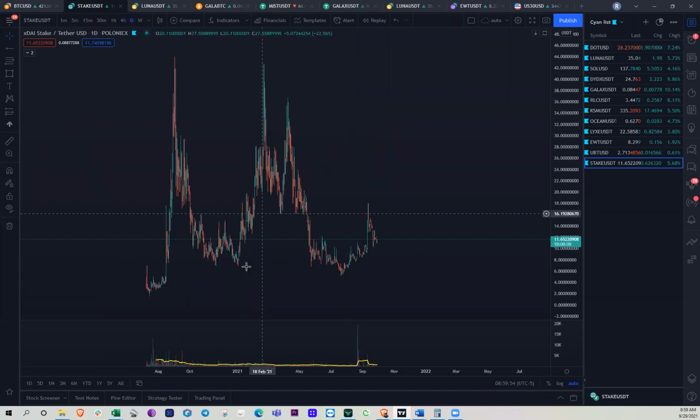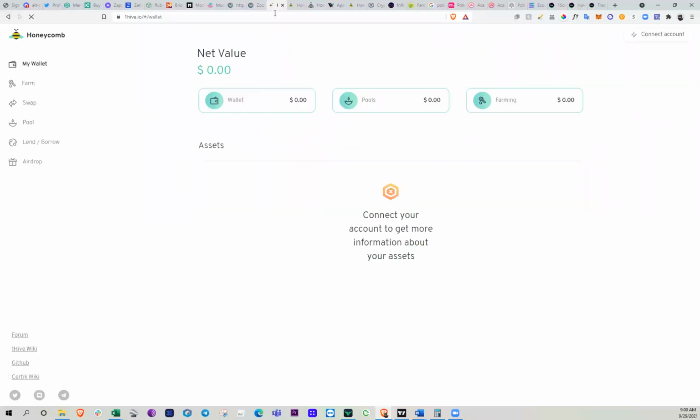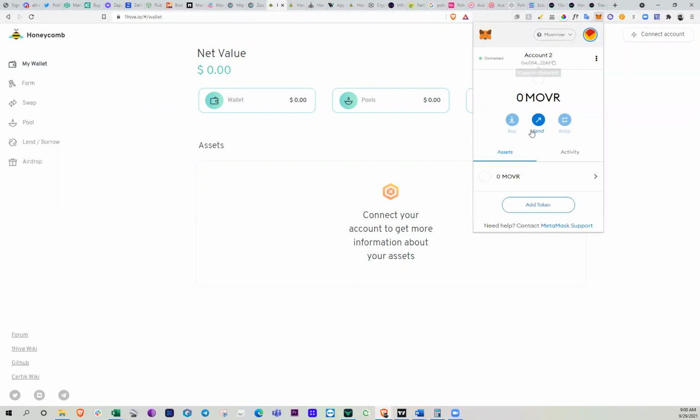Sorry, this is on Poloniex, so they don't have much data on it. But speaking of XDAI, let's jump into that aspect right now. Not many of you guys were with me from the beginning, but we were earning this token called Honey for free by just coming back and claiming every day on this website.